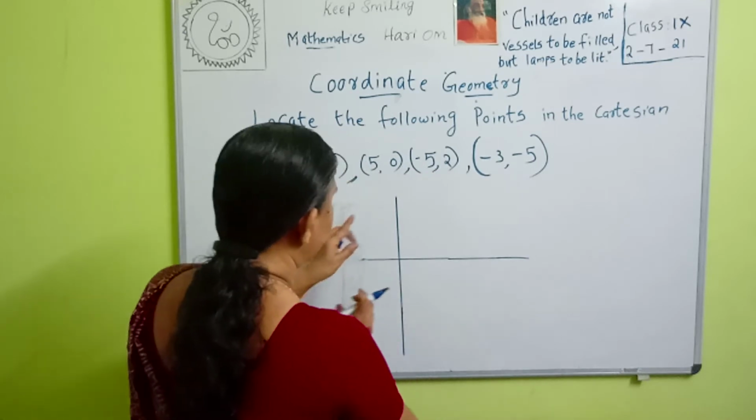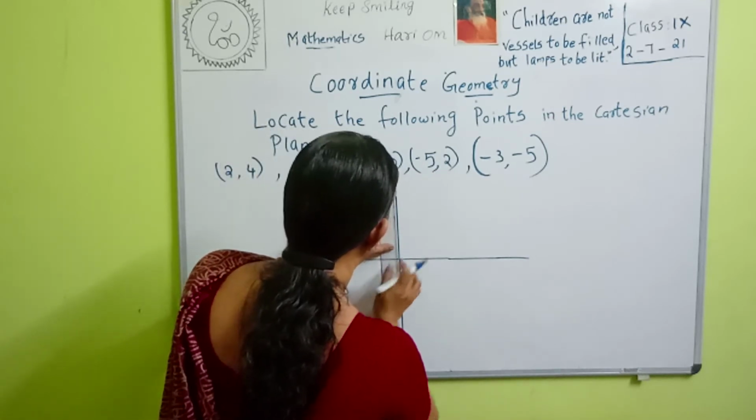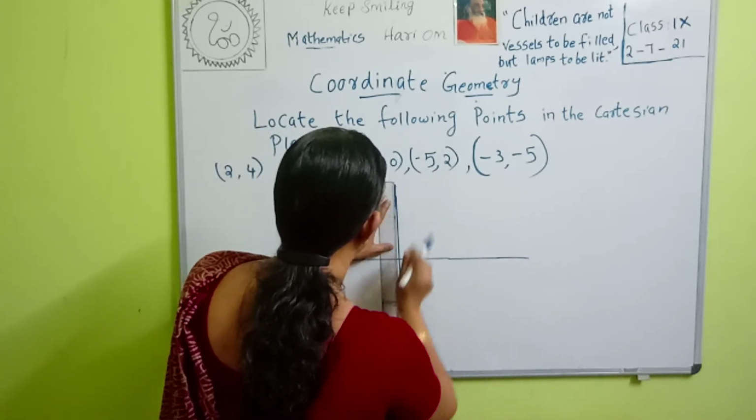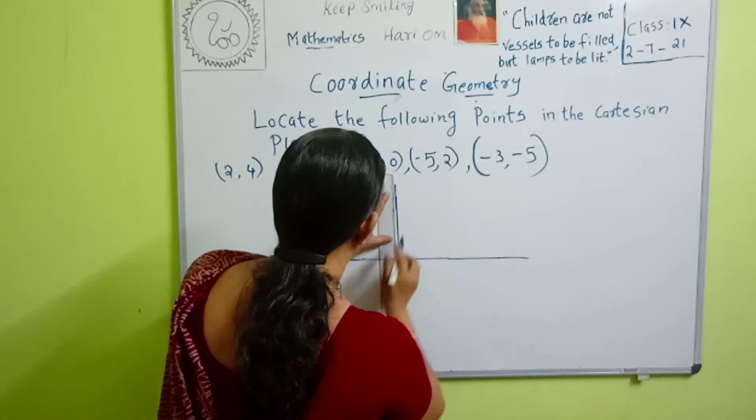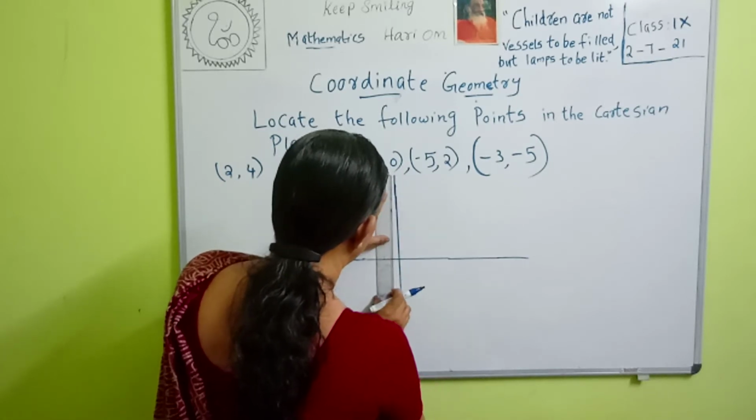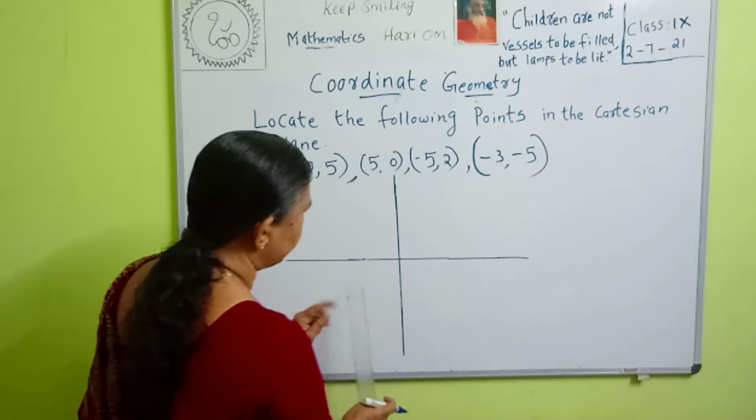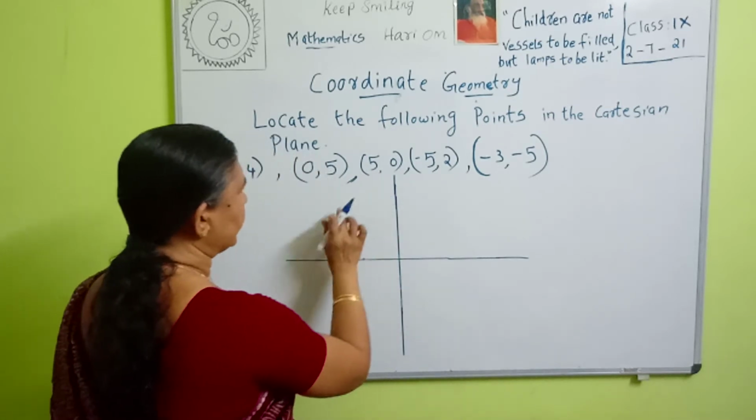The x-axis and y-axis divide the plane into four parts. So we draw the x-axis and y-axis.